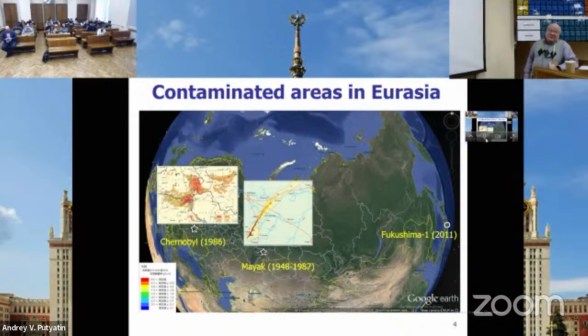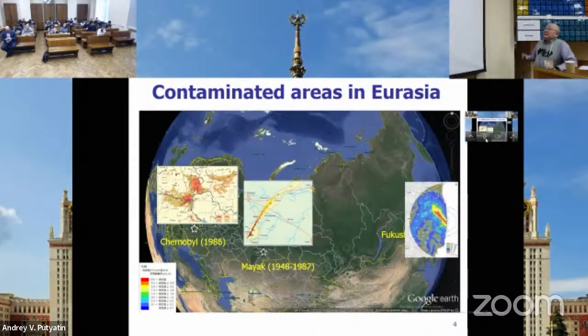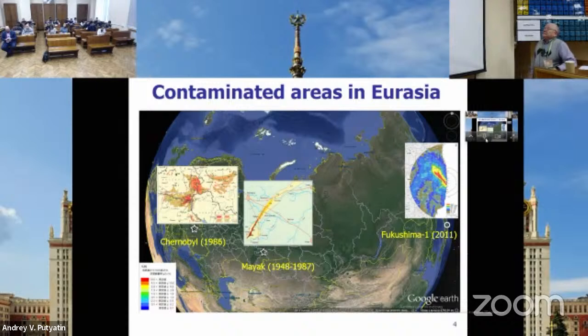Then the most severe accident at Chernobyl nuclear power plant, which happened in April 1986. And then the Fukushima Daiichi nuclear power plant. Daiichi means one. So Fukushima Daiichi means Fukushima 1.